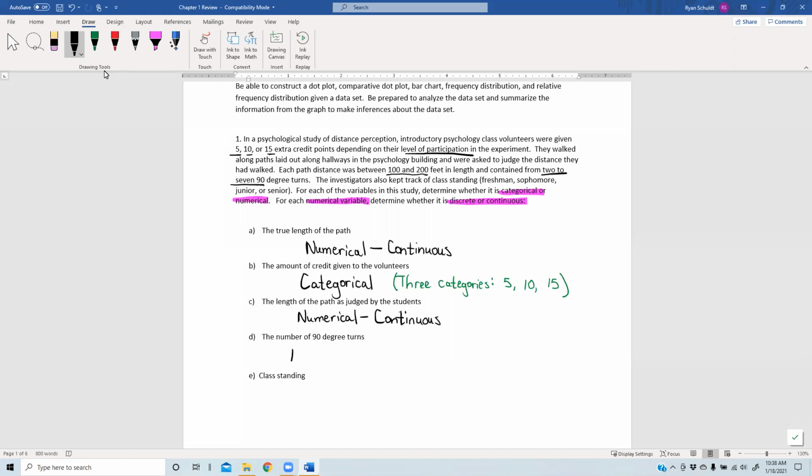That's numerical. You can count those. But it would be discrete. You can't have half a turn. And then class standing: freshman, sophomore, junior, senior. That's definitely, without a doubt, categorical.